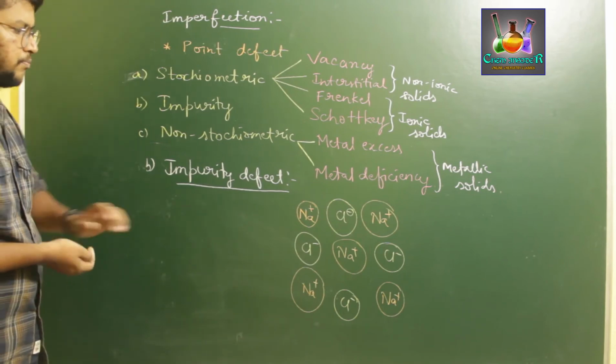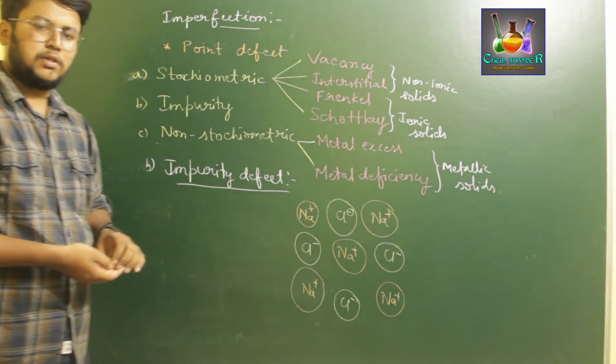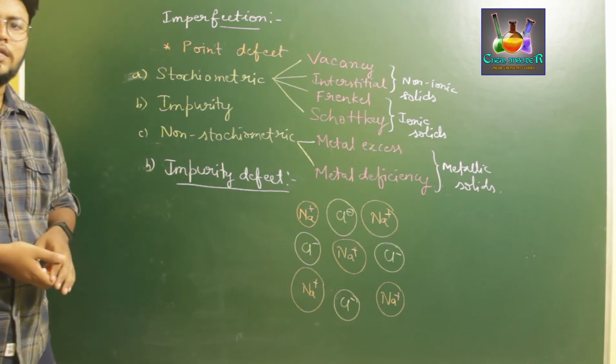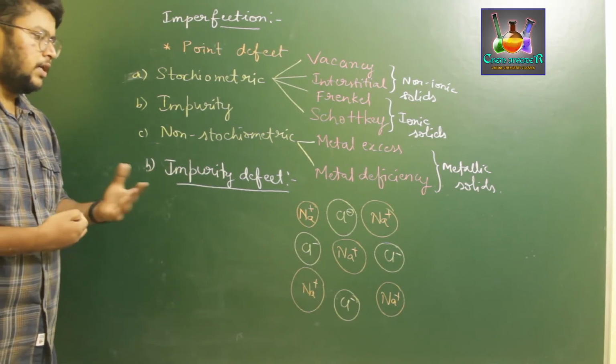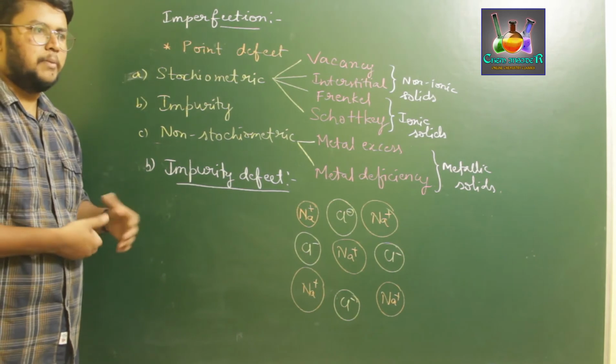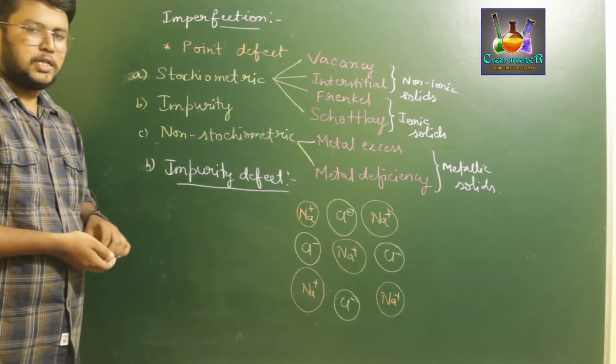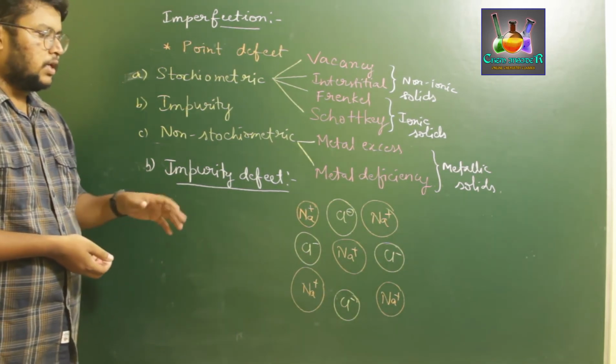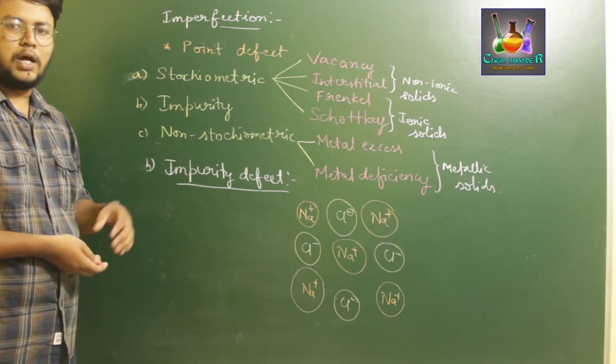So if one or two of the Na plus ions are replaced by a different metal or a different element with its particular charge, then we create a vacancy and we are adding an impurity.